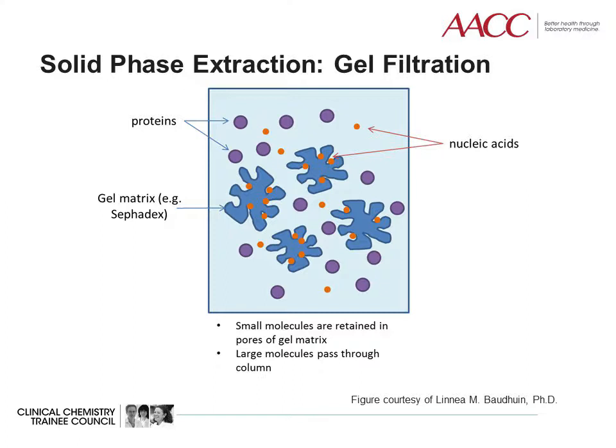The gel matrix has a specific pore size which will hold smaller molecules, while larger ones can pass through. Nucleic acid elution from the gel matrix is achieved by washing with the same buffer used during the filtration process. One of the drawbacks to gel filtration is the lack of specificity, in that molecules of the same size as the nucleic acids will also be captured in the gel matrix.